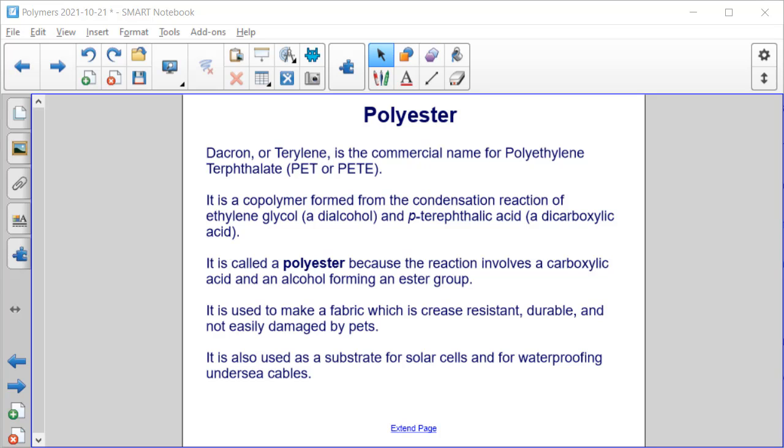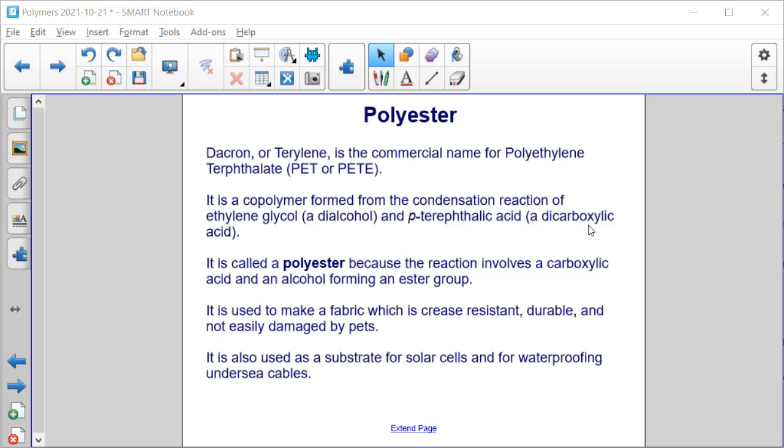So a dialcohol, ethylene glycol, would have 2 OH groups. A dicarboxylic acid would have 2 COOH groups. It is called polyester because the reaction involves a carboxylic acid and an alcohol forming an ester group.